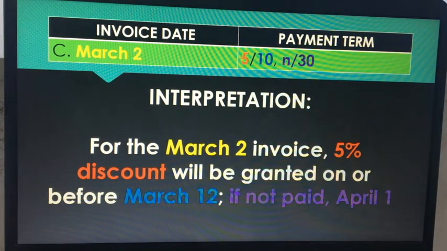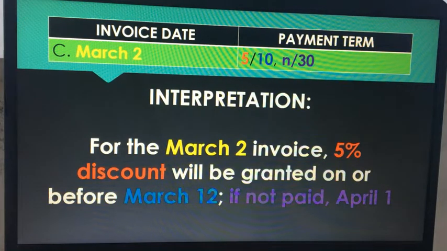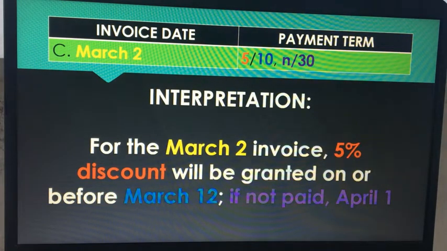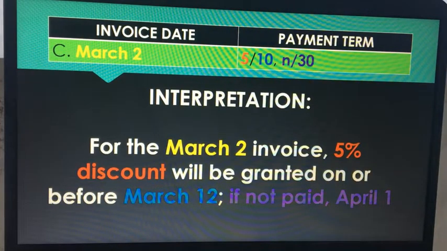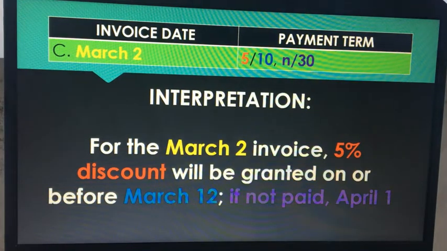Why April 1? Because from March 12 until 30 days, that is April 1. Why 30 days? Because that is written here. The last part will indicate how many days we have to pay. So that is 30.